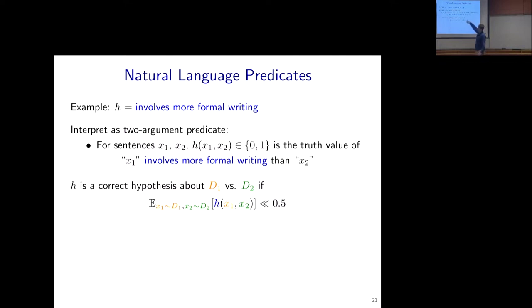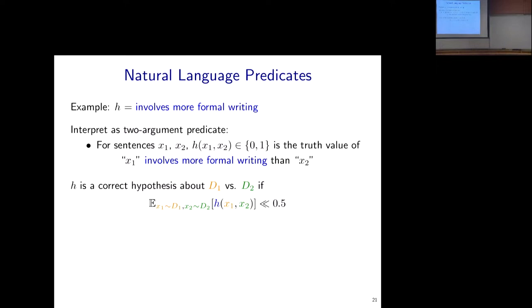You want it to be as close to 0 as possible. This is saying that it's always bigger on x1 than on x2. Wait, did I get this wrong? Sorry, I think you want it to be as close to 1 as possible. Yeah, much bigger than. Okay, last time I had it that way, and then the audience convinced me it should go this way. But the point is you want this to be either very close to 0 or very close to 1. There's some sign thing.